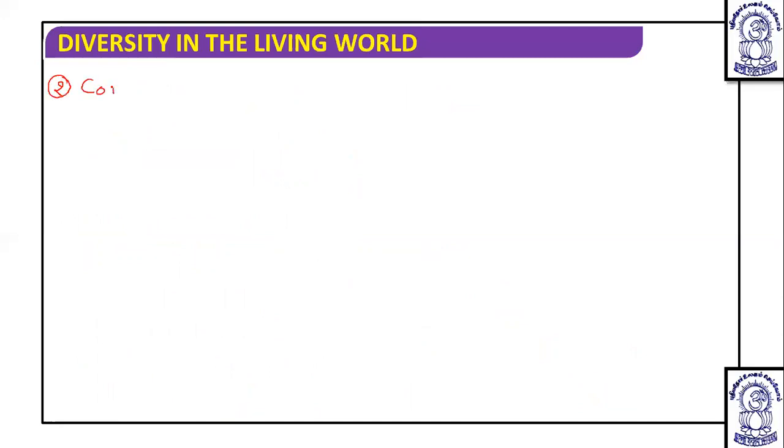So the second type of spore is Conidia, or we can call it conidiospore. Now, when we talk about the particular characteristics of conidiospores, they are thin-walled.